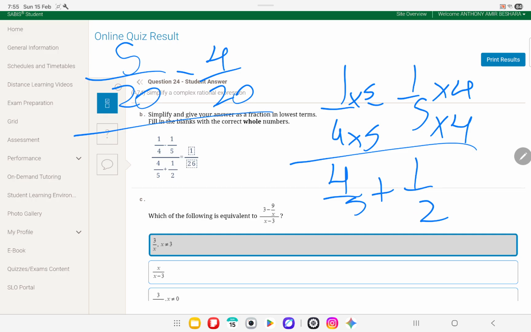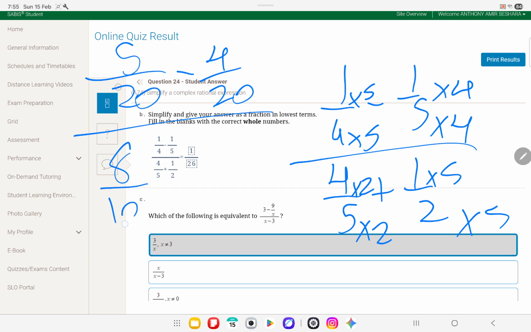Here we have to make these denominators the same. The least common multiple is 10. We do times 2 and times 5. So it'll be 8 over 10 plus 5 over 10.